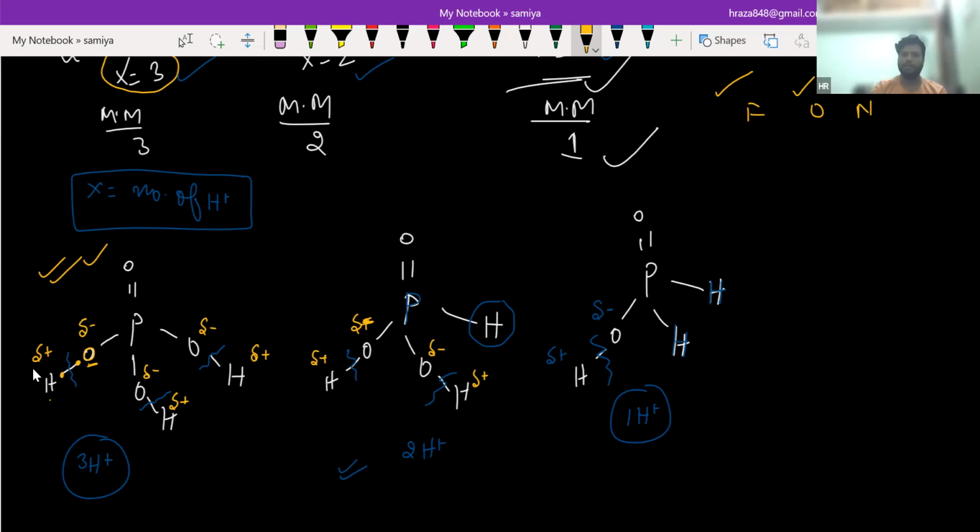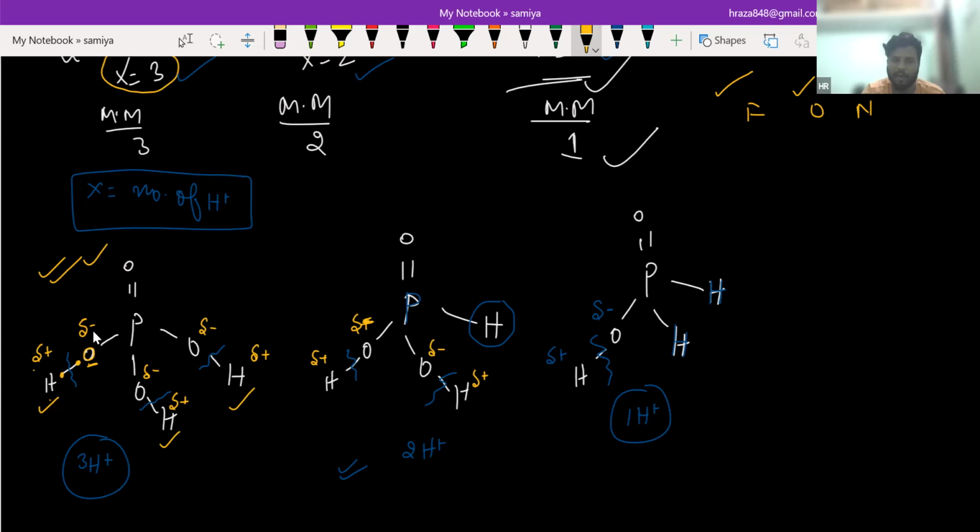And whenever there is charge, that is a polar molecule. So when it is a polar molecule and you dissolve it in water, which is already a polar solvent, it will be dissociated. This will be dissociated, and in the same way this and this will also be dissociated, and it will give H plus, H plus, H plus.